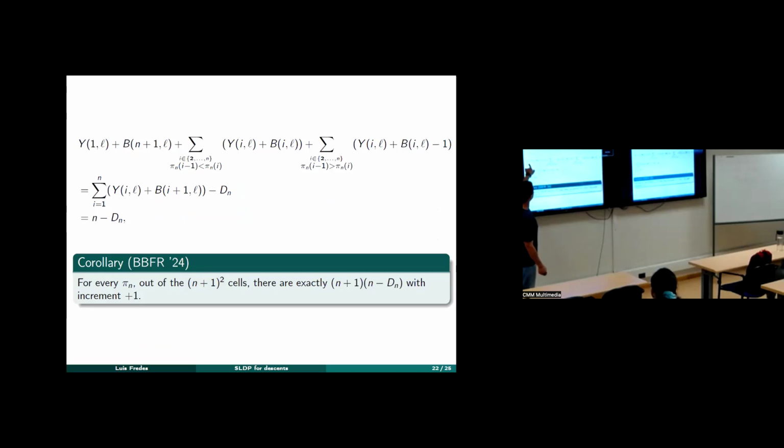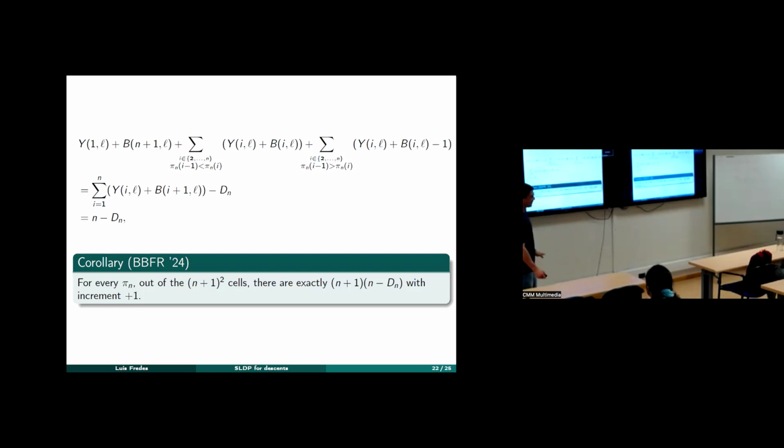Here I sum if the cell in the fiber is yellow for the left boundary, and likewise for the right boundary. If there is an ascent, if it is yellow or blue, and they couldn't have both colors at the same time, so there is just one which has value 1. And if there is a descent, I have where they are both yellow and blue, and I have a -1 to write the right indicator function.